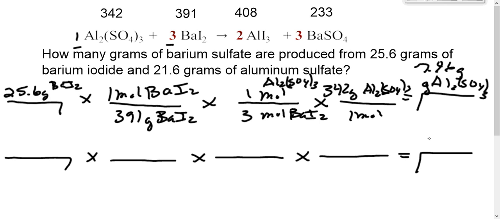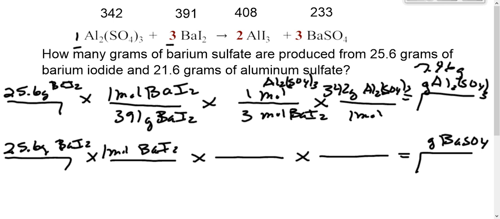Okay, so I want barium sulfate. Over here, I'm going to put my 25.6 grams of barium iodide. Now all of this stuff's going to stay the same then. 1 mole of barium iodide over 391 grams of barium iodide. I know I have a 3 mole of barium iodide.